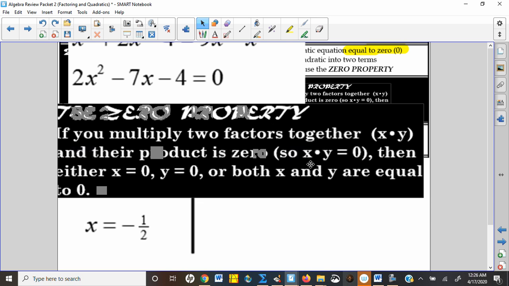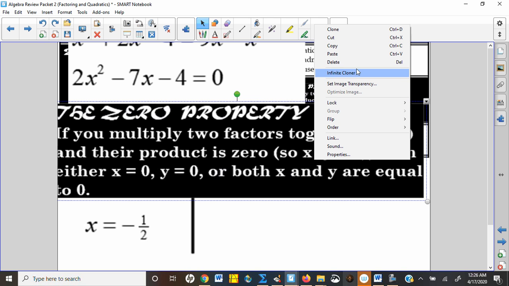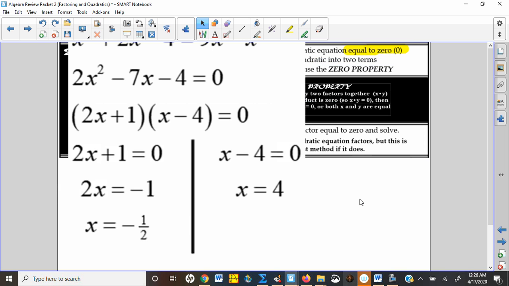The zero property says if you multiply x times y and the answer is zero, the only way you can do that is if one of those numbers or both of those numbers are zero. You can't get zero through multiplication unless you're multiplying by zero. And so when I set these two factors each equal to zero, it's pretty easy to figure out what those are. And you guys have been doing these types of problems over the last couple nights. This is just really verifying that you understand that concept. All right.